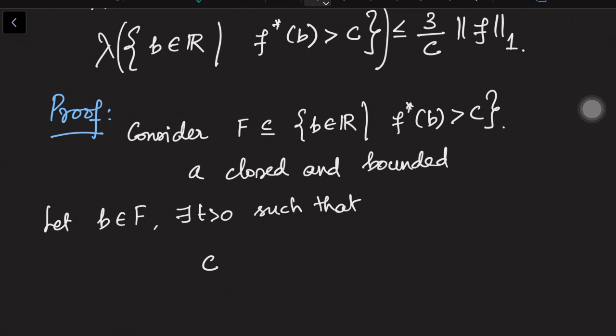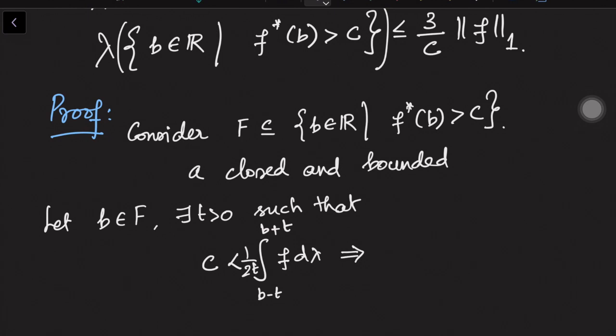c is less than the integral from B minus t to B plus t of 1 by 2t times the absolute value of f d lambda. So let me also rewrite this.